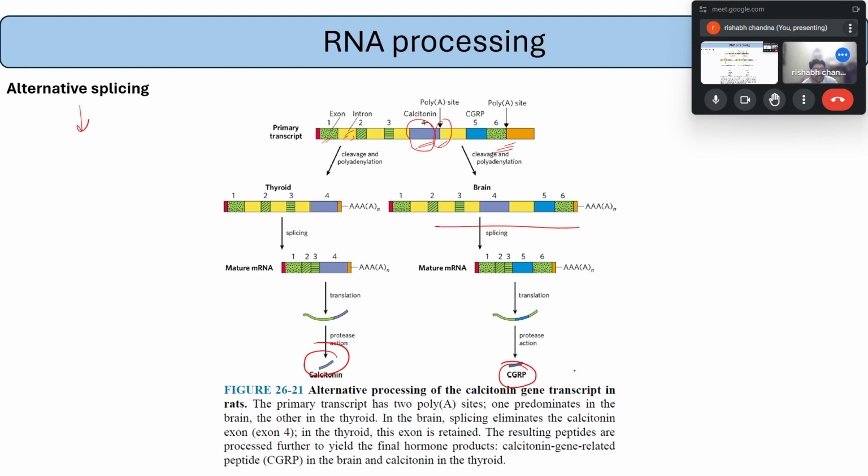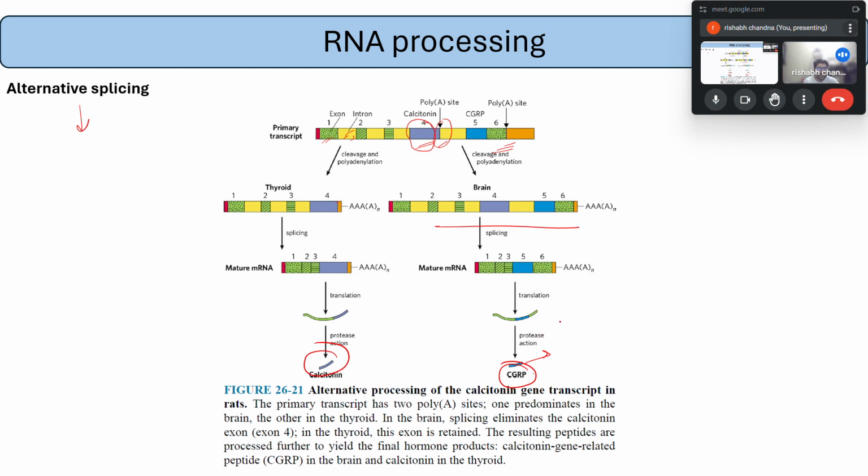leading to formation of the CGRP, that is in the brain. So this is the calcitonin gene related peptide that helps during the production process or during homeostasis.